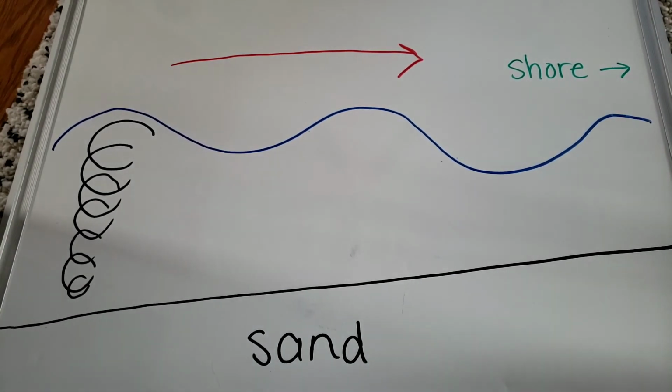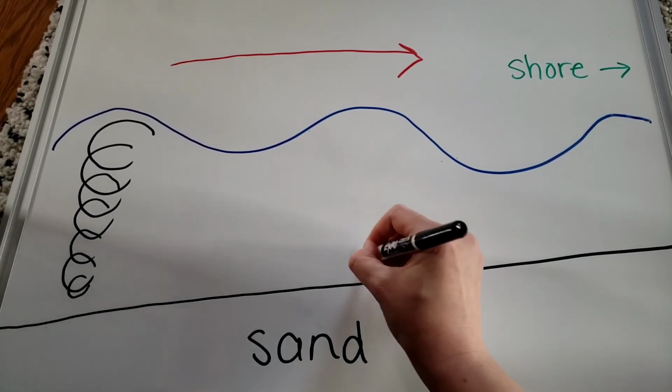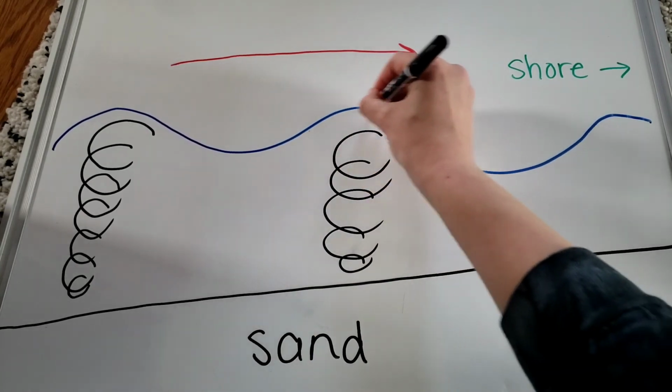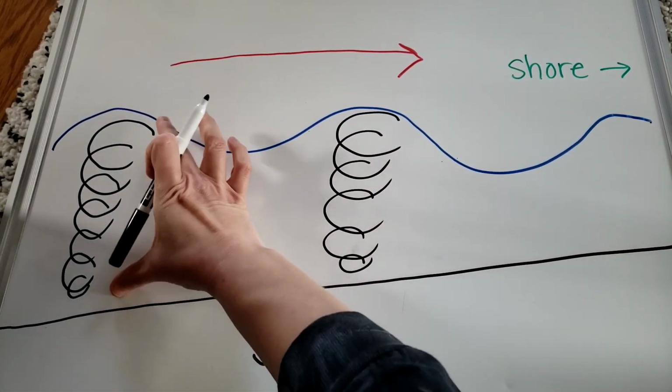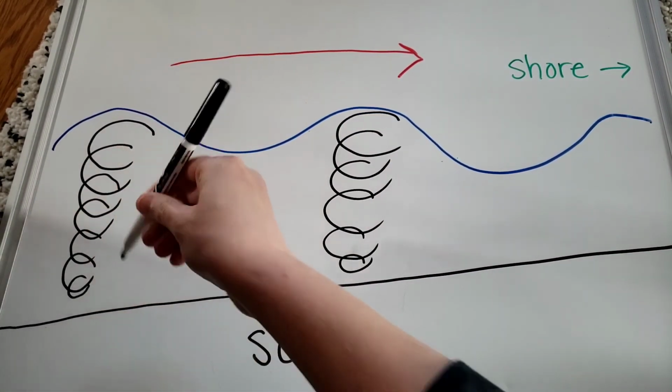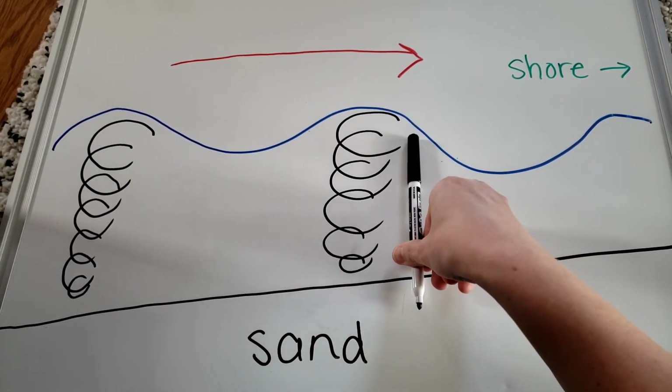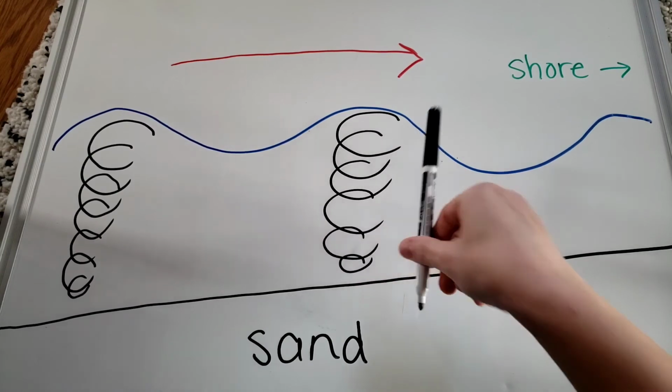As the water becomes more shallow, the water has less room to move, forcing the water to move higher into the air. So as you can see here, although the energy still is increasing, it's a less distance than it was here. So from here to here, we have this much distance, but from here to here, we only have that much distance.